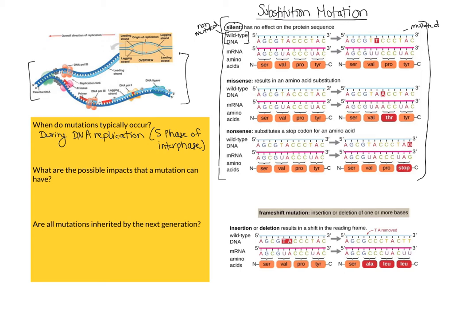Now, quick note: remember that DNA has two strands. So if we were to draw the other strand, we'd expect to see a T here, a C, a G, a C, an A, and so on. The mRNA was transcribed using the bottom strand of the DNA sequence that's not shown.